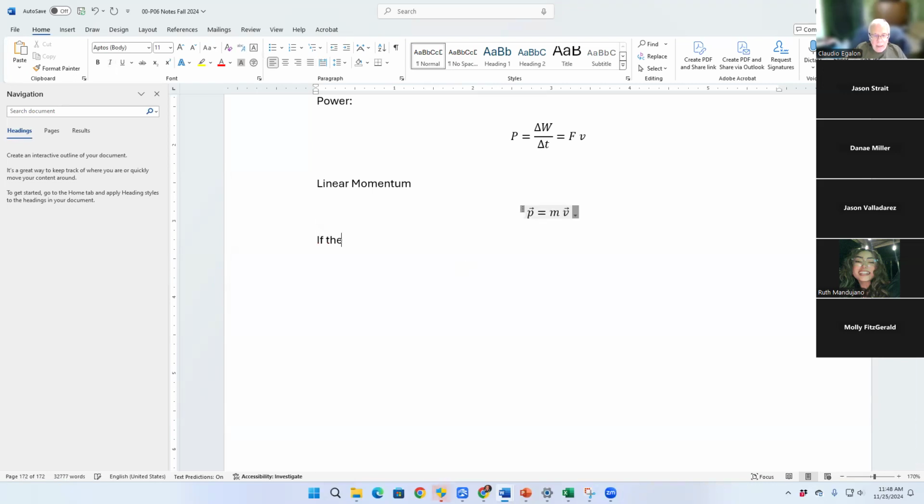If the net force applied to our system is 0, and you can define the system in whatever way you want, then we have conservation of linear momentum.